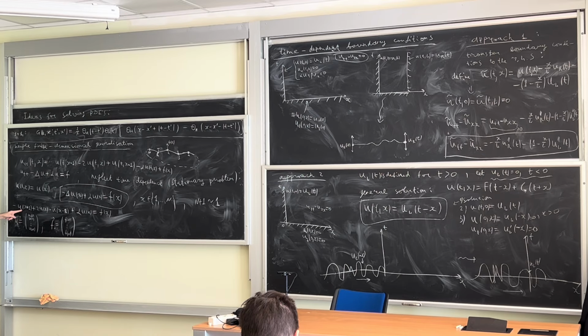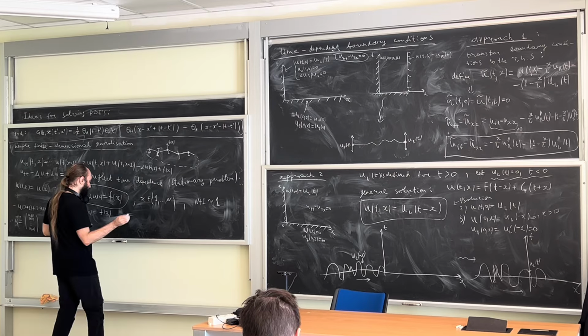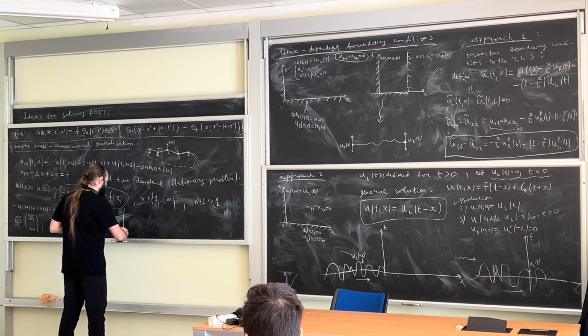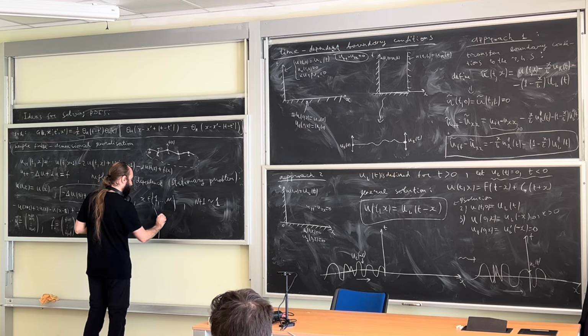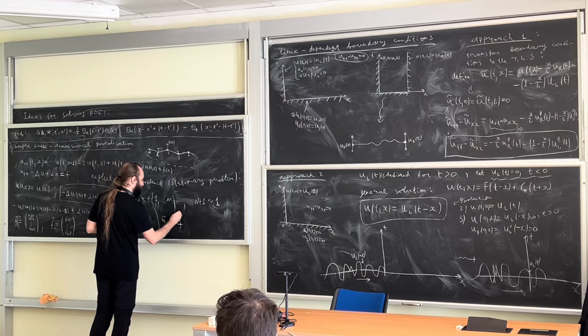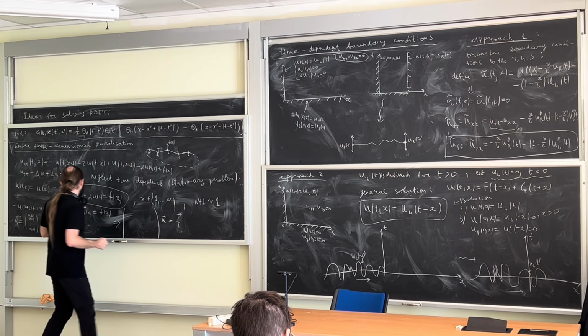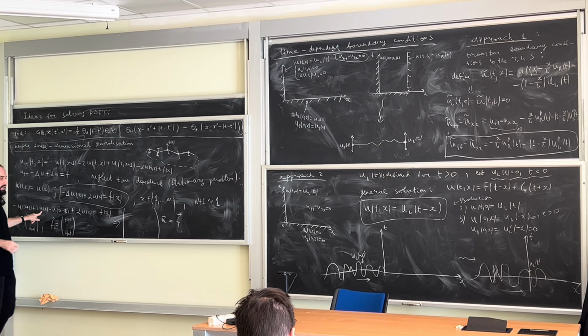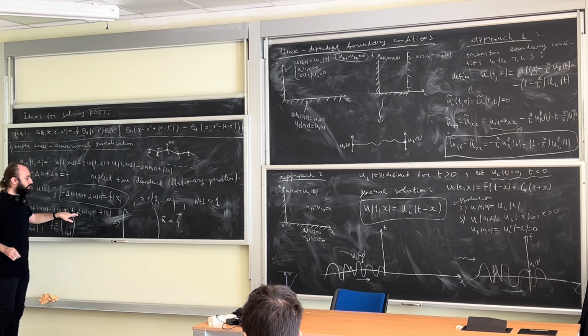So this equation can be written in the following way. There is a matrix acting on vector u that gives vector f. And this matrix has the following form. So here we have 2 on the diagonal, 2 plus alpha.